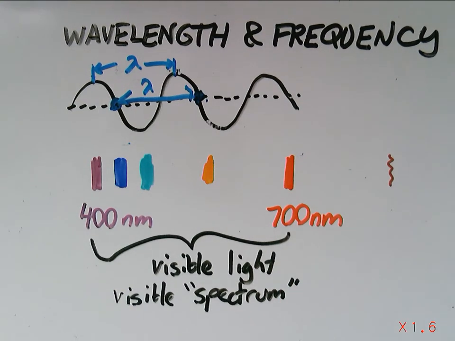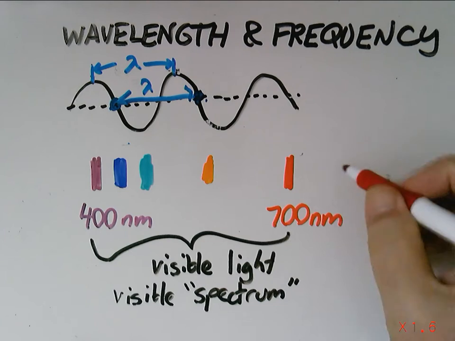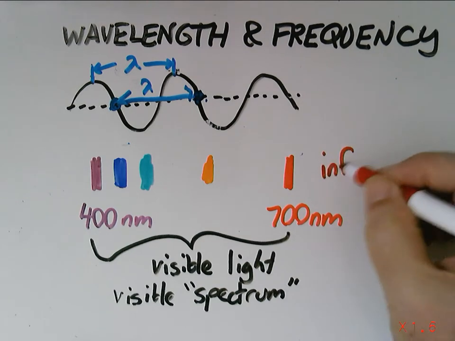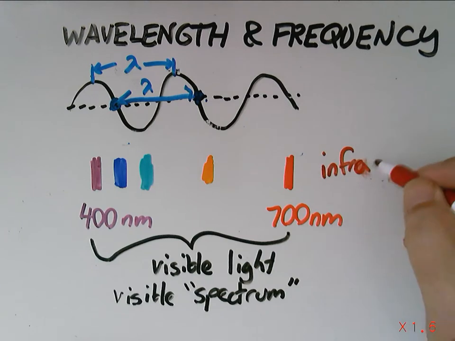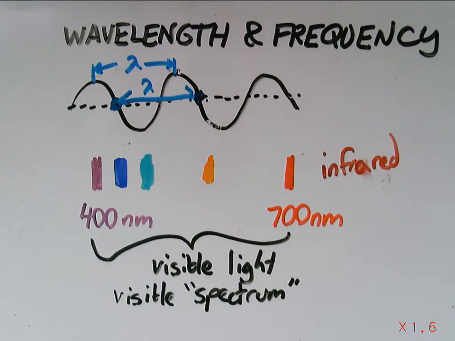If you look at colors that have longer wavelengths, this might be what we call the infrared region of the spectrum. And up above that, at longer and longer wavelengths, you can have microwaves.